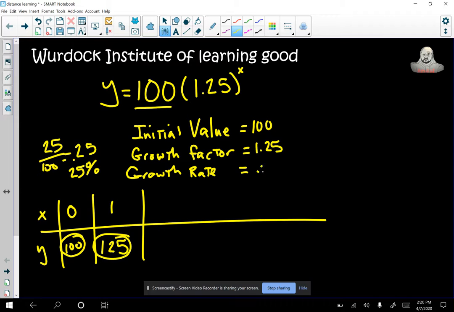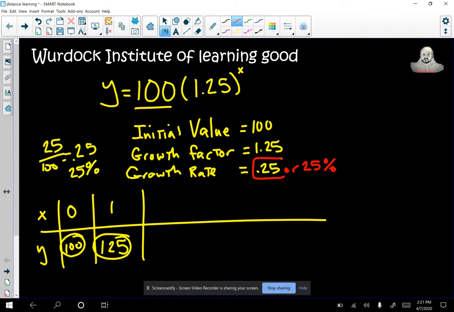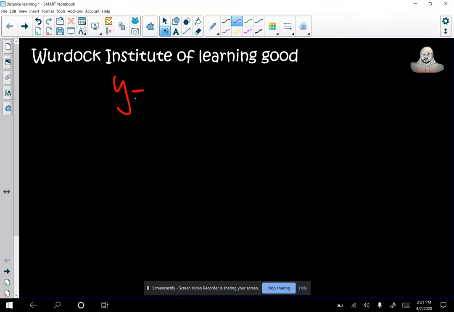It's pretty easy to see if you look at it here. And I'm even going to put here in red, 25%. A lot of times we have to write percents as the decimal because that's the usable number in these equations. So if I give you this situation, this time we're starting at 1,000. That's our initial value. The growth factor is 1.08, and the growth rate is 8%.